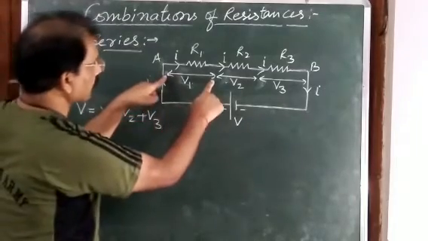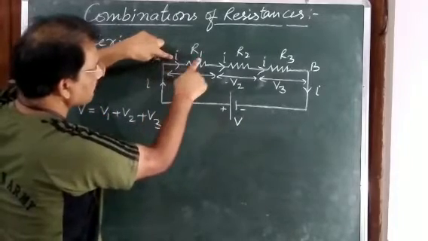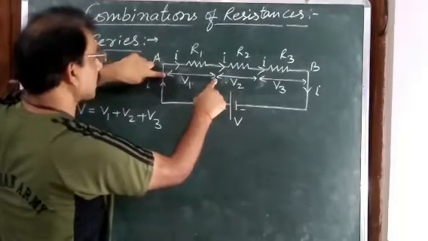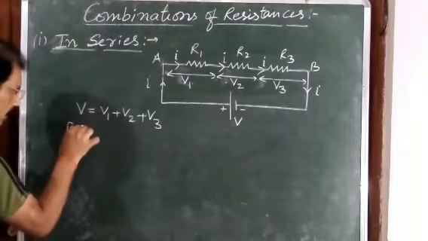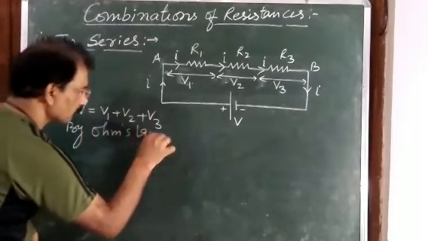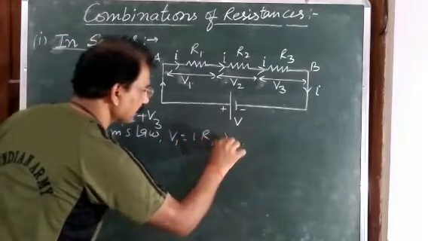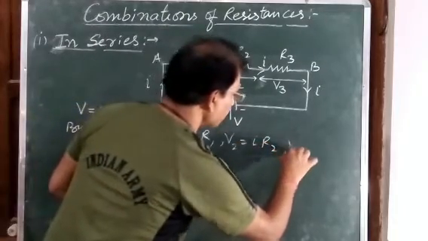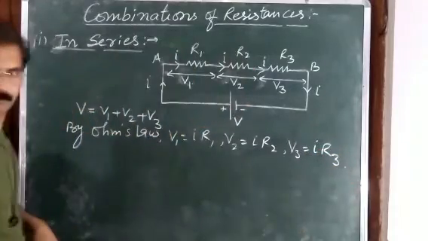Now V1 is the potential difference across R1. The current in R1 is I, the resistance is R1, the potential difference is V1. So by Ohm's law you can write V1 is equal to I R1. Similarly, V2 is equal to I R2 and V3 is equal to I into R3.